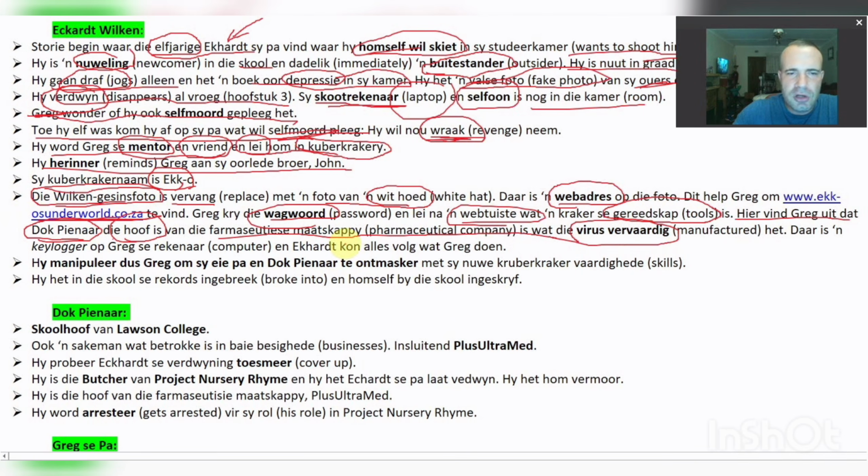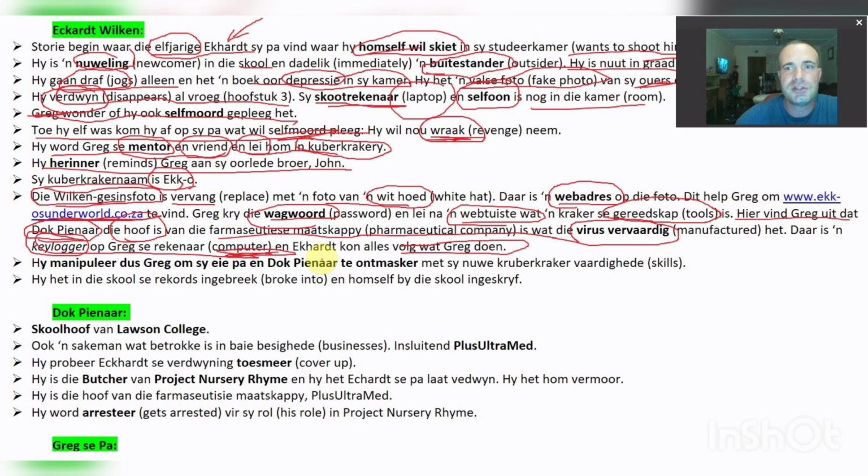Now Eckhart follows everything that Greg does on his computer because Eckhart installed a keylogger on the computer of Greg, and he could follow him. He's like, I can see how you're hacking, where you're hacking in. Well done. You're kind of following the breadcrumbs that I left for you towards discovering, firstly, that Dokpinar is this big criminal, and then a few breadcrumbs later, he sees, oh gosh, my own dad is involved.